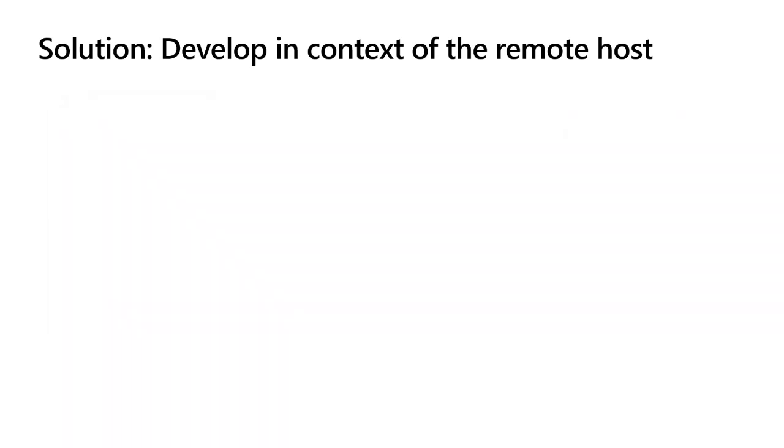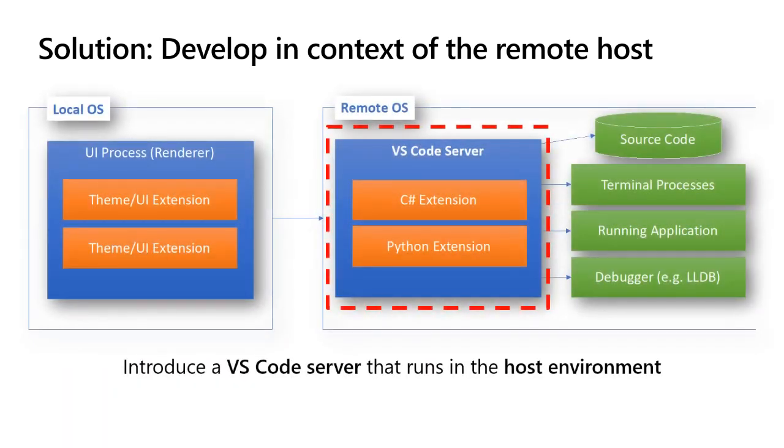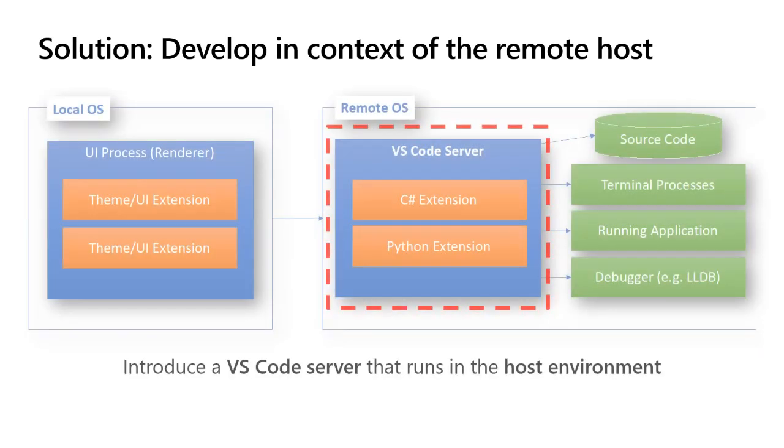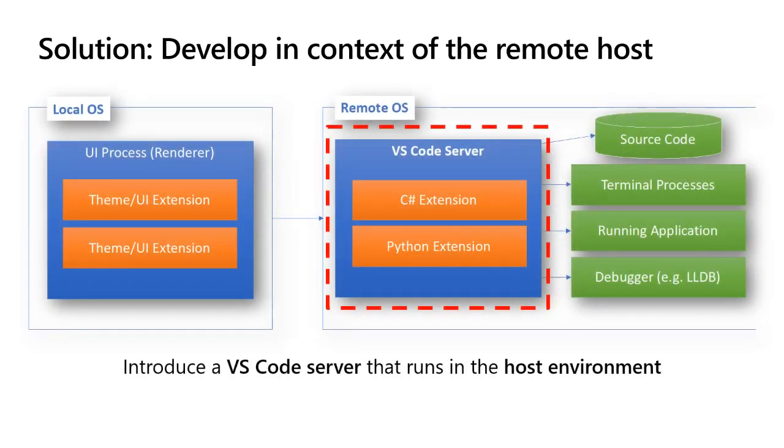And yeah, so the idea is, why shouldn't we be able to run these separate components of Visual Studio Code on different infrastructure pieces? So let's introduce it and run Visual Studio Code Server as the piece which is called the extension host process on a different machine, on a remote OS.